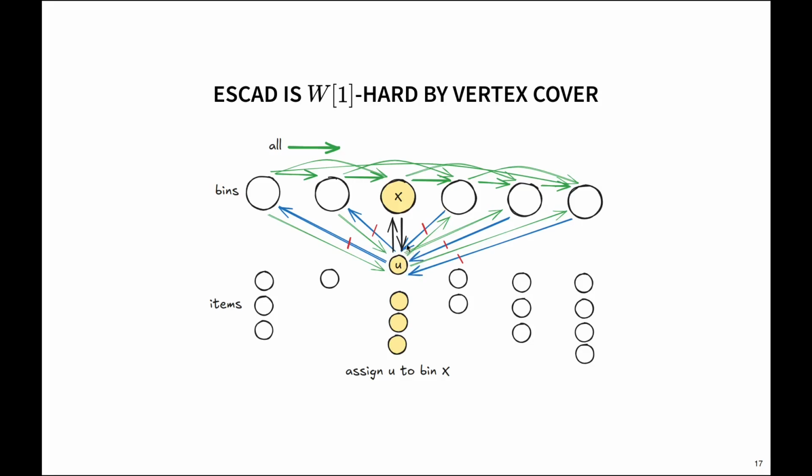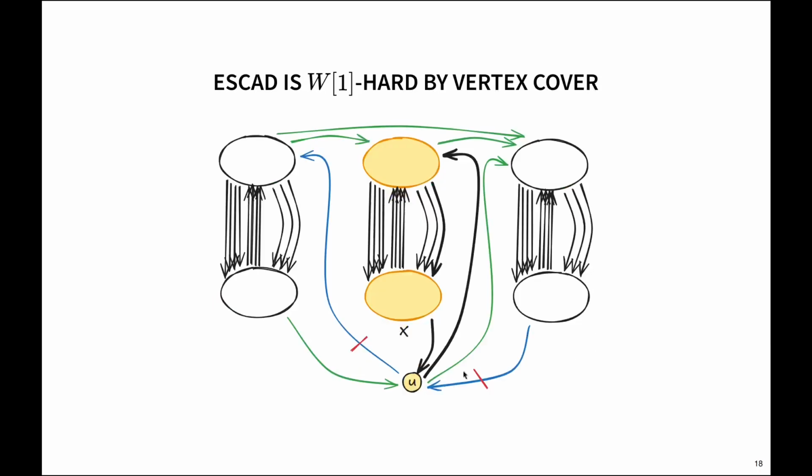So if we want to assign item U to a bag X, then we don't cut it from it, and we cut it from all the other bins in this manner, which makes U part of the strongly connected component of X. When U remains in the strongly connected component, it creates a cycle which makes this imbalanced gadget more balanced.